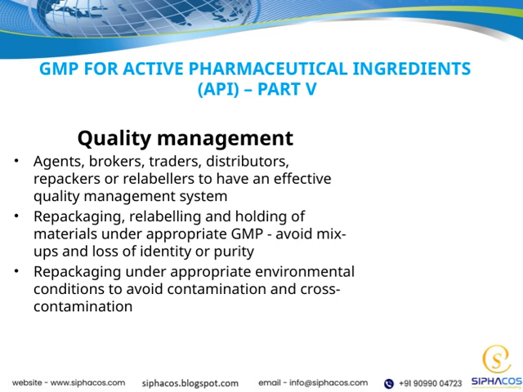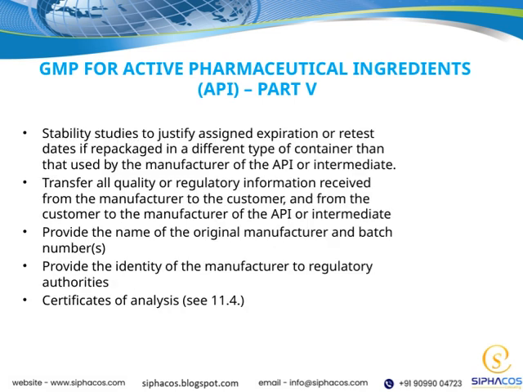And as we focus on GMP for active pharmaceutical ingredients, or APIs, particularly in Part V, these principles are fundamental. They reinforce the importance of strict quality standards throughout the entire supply chain. Ultimately, this all ties back to our overarching goal, ensuring the safety, efficacy, and quality of the medicines we produce and distribute.